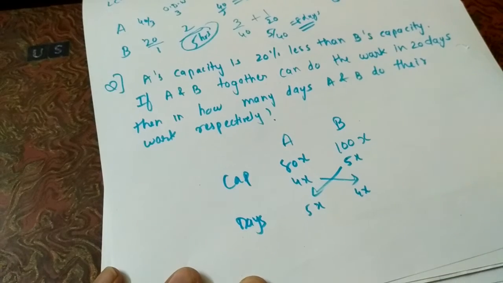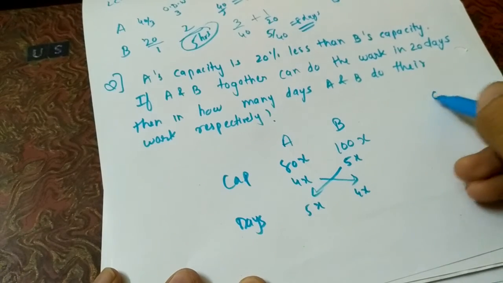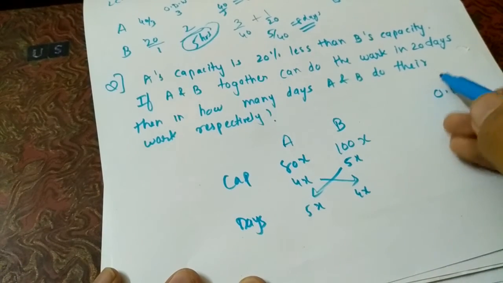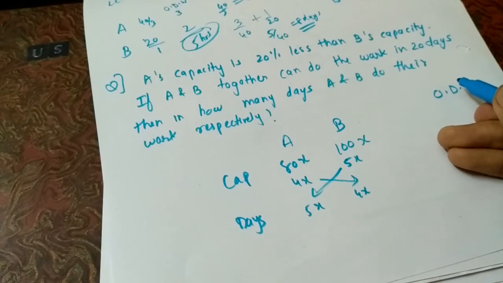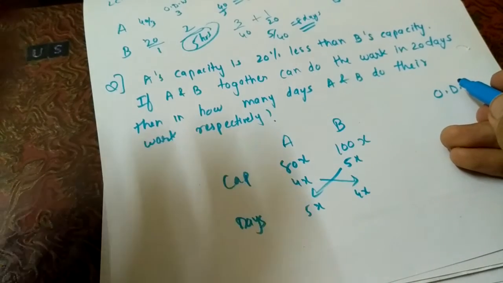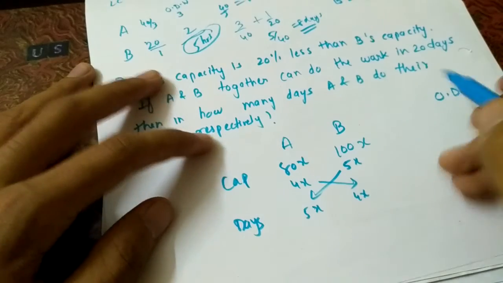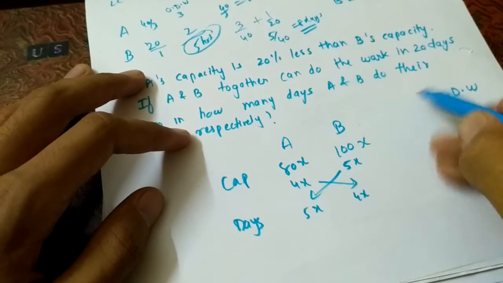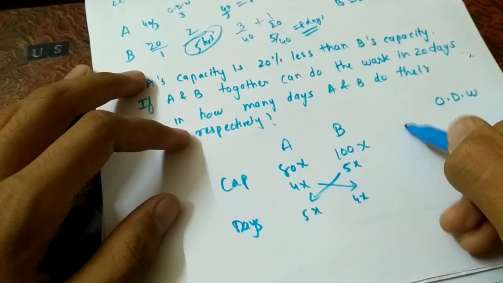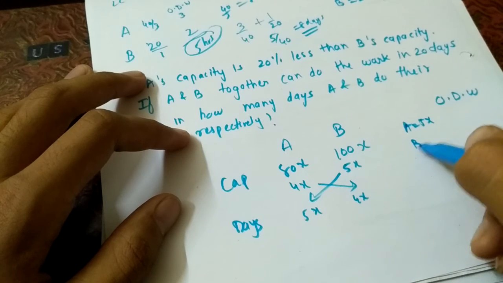So now we will go to our conventional method, that is 1 day work. We know the number of days, so total work we can find. Total work is 20x, the LCM of 5x and 4x, nothing but 20x. So A is 5x, B is 4x.